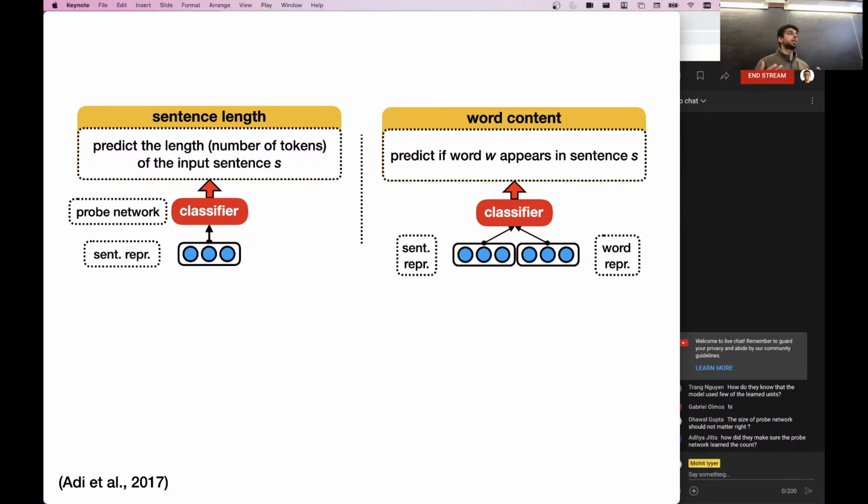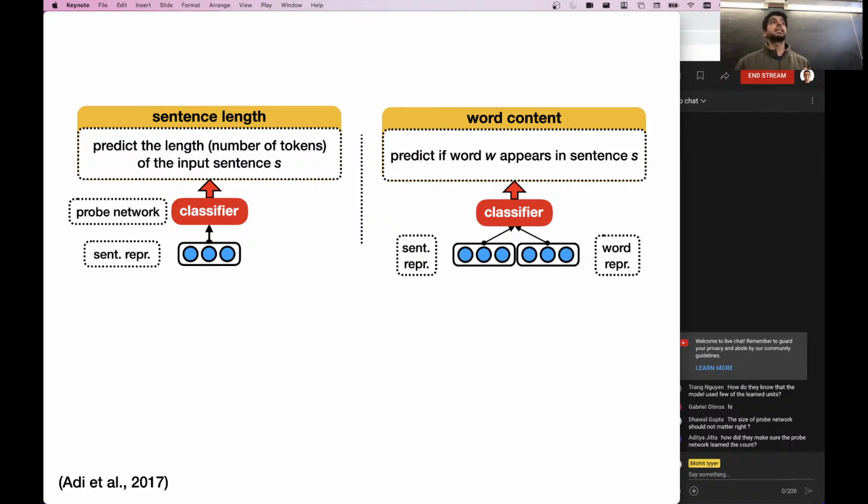But it becomes a little tricky if you want to probe for phrases. Then you might want to use some higher level representation, like maybe a CLS representation of just encoding that phrase. This task is a little tricky because you now have this added dependency on a word representation. That word representation might itself not be very powerful. If it doesn't indicate what kind of word this is or what the meaning of the word is, it'll be hard for the classifier to make this distinction.